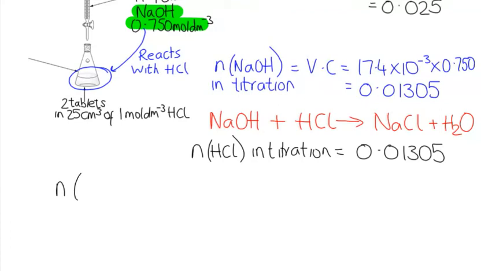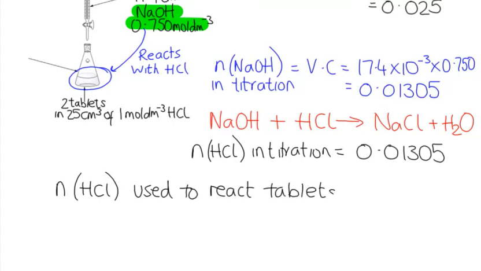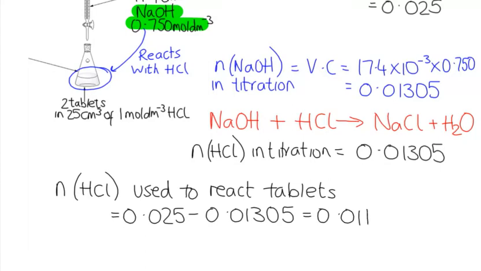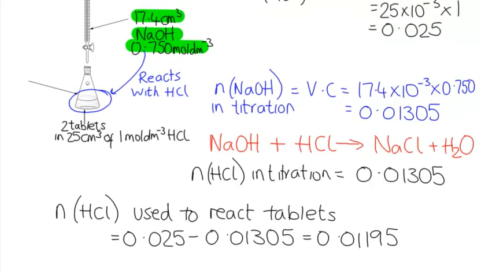So the number of moles of HCl used to react with the tablets must be the difference between these 2 numbers. That's 0.01195.